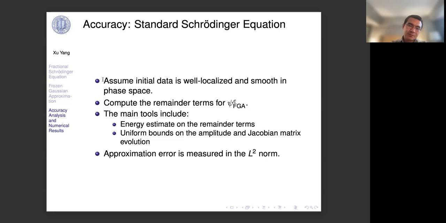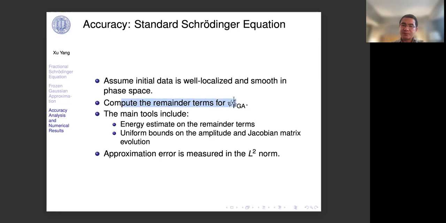Of course we have to make some assumptions. Usually the assumption we make for the Schrödinger equation is that the initial conditions are in the Schwartz class, so it decays fast and we can have an efficient approximation of the initial condition using a linear summation of Gaussian wave packets. And then we compute the remainder terms.